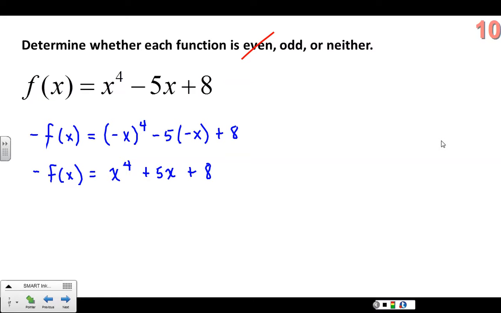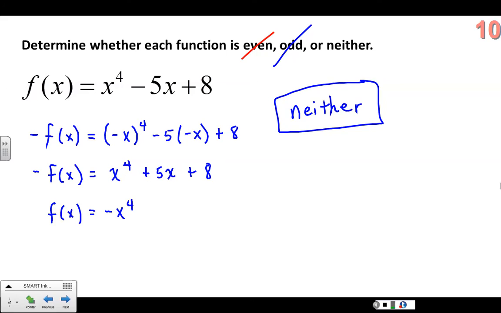Now, if I have a negative function, I need to divide through by negative 1 or multiply through by negative 1 to clear that out. So f of x equals negative x to the fourth. I'm already in trouble. So that doesn't work either, because notice my original has positive x to the fourth. So it's not odd. So we would say that this function is neither even nor odd.